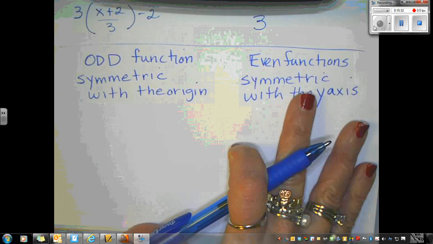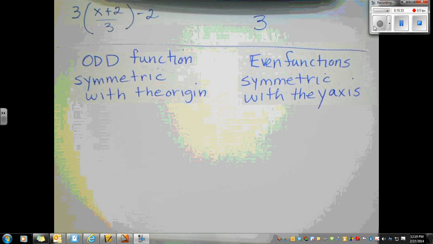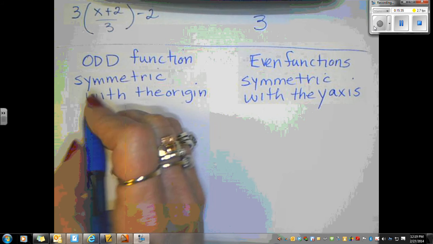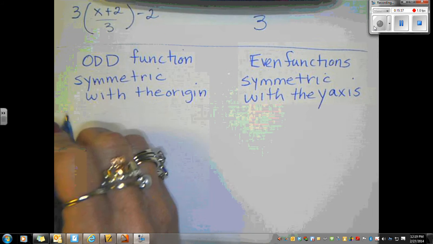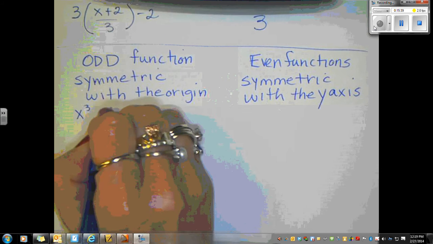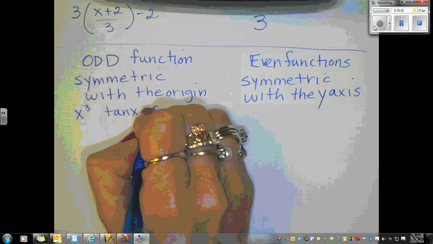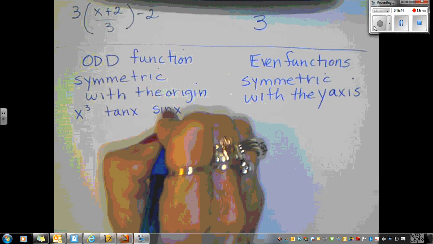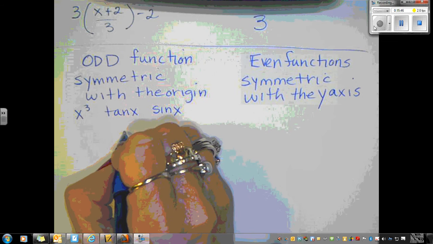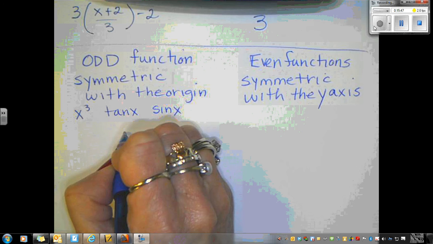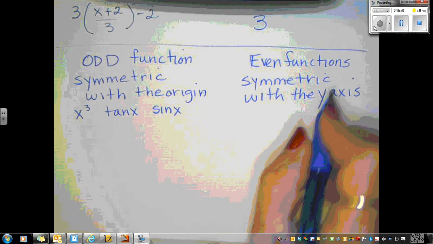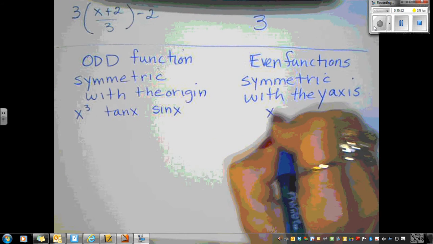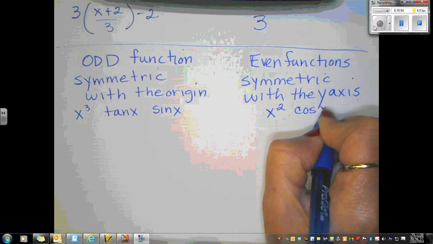Odd functions, even functions. Okay, typical odd functions that you know: x cubed, tan x, sine x. Okay, these are all odd. Even functions, you know: x squared, cosine x.